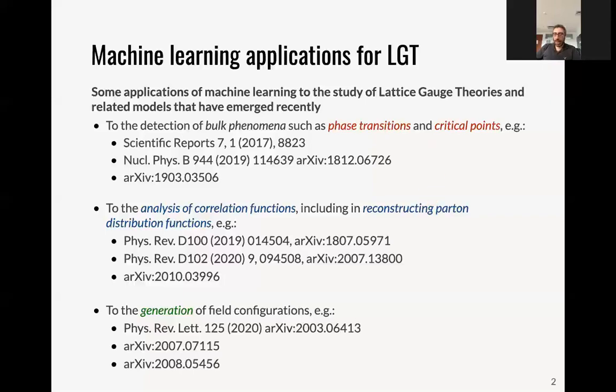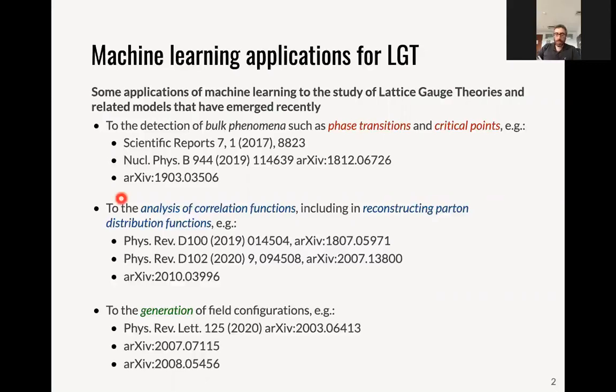Then I have some references on the analysis of correlation functions using machine learning, and that includes reconstructing PDFs, parton distribution functions, and there are some recent works here. Of course, these lists are non-exhaustive. Apologies if your favorite reference is not in here, but these are just some examples, and there are other references in there.